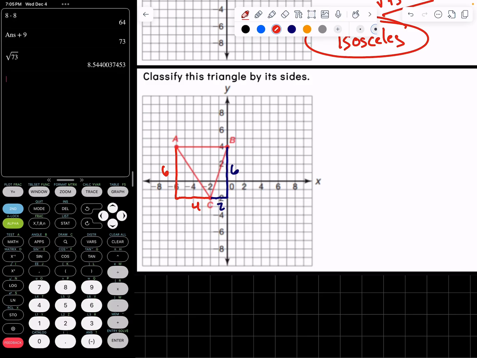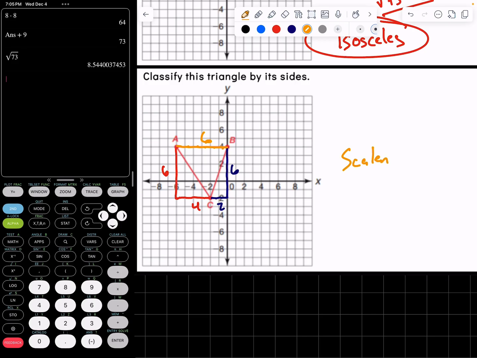And then my final one, I've got 1, 2, 3, 4, 5, 6. My other triangles have 6 as a side, but when I plug it into the Pythagorean theorem, it's going to be something different than 6, so they can't be equal to each other. So all of these sides have to be different.